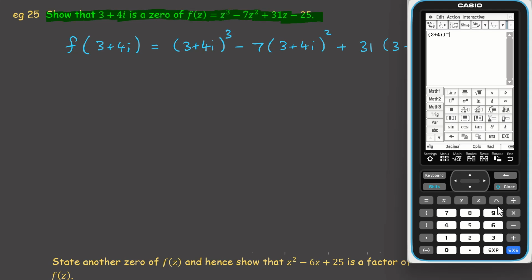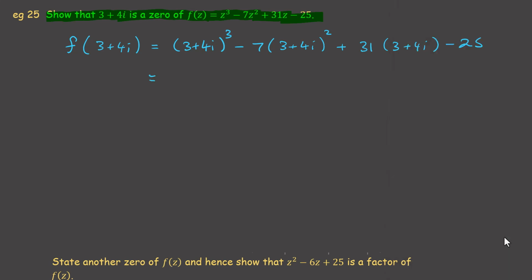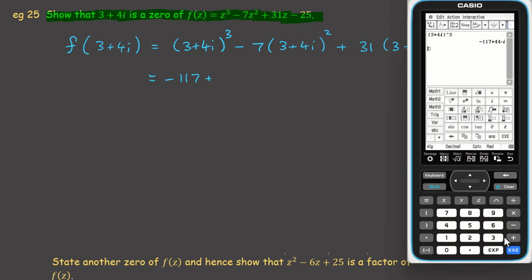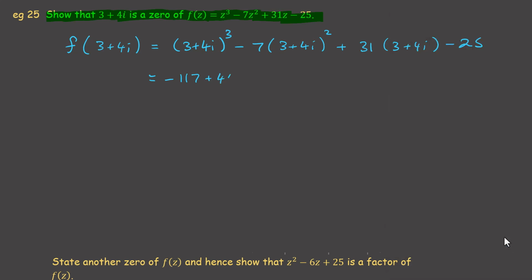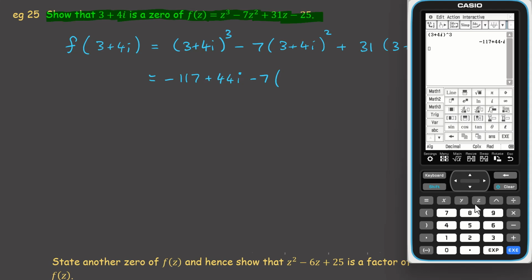And we'll cube that. And that's negative 117 plus 44i. And then we've got take away 7 times 3 plus 4i squared.